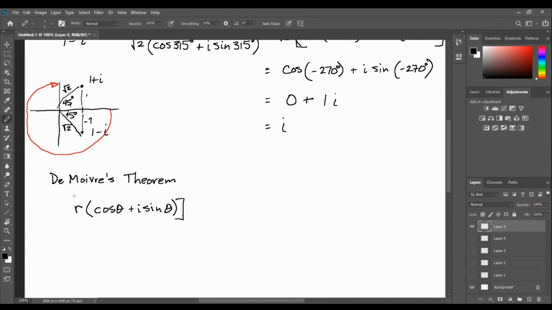What if we needed to raise that to some power? We've dealt with, in algebra, complex numbers raised to a power. Well, in trigonometric form, Moivre said that we just need to raise r to the n power. And it turns out we're going to multiply that power by theta.